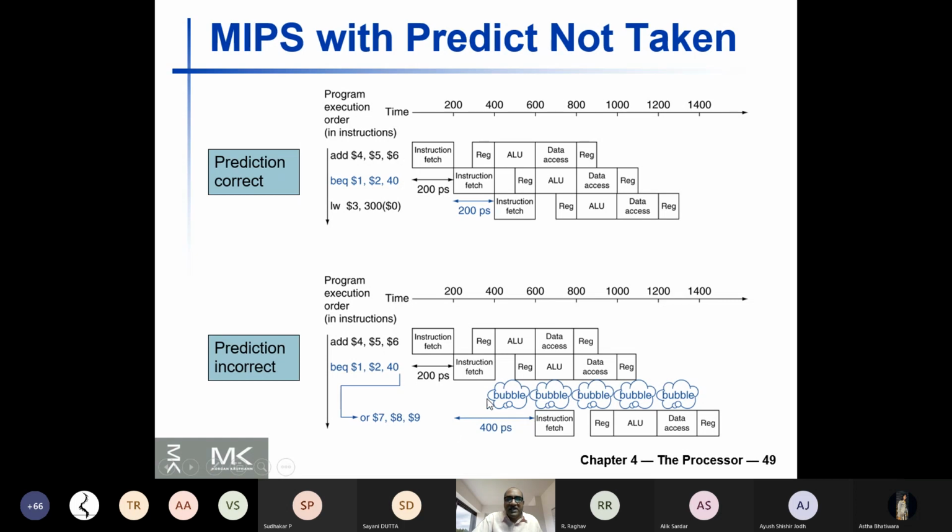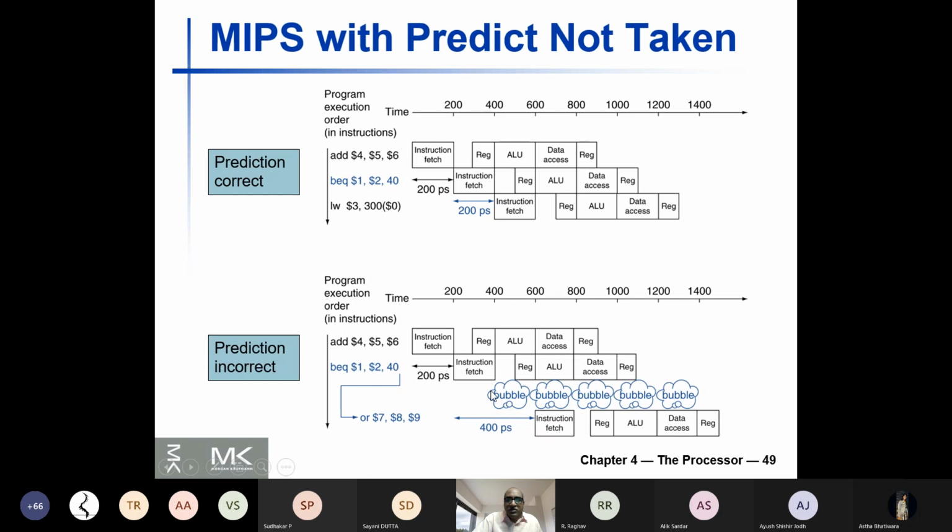For doing that, one cycle will be wasted, and the proper instruction will be fed after 400 picoseconds. The previous instruction is fed after 200, and now another 200 will be taken, so it takes 400 from the branch instruction. So the pipeline will be stalled here, or you can say you flush out the previous instruction and place the right instruction into the pipeline.